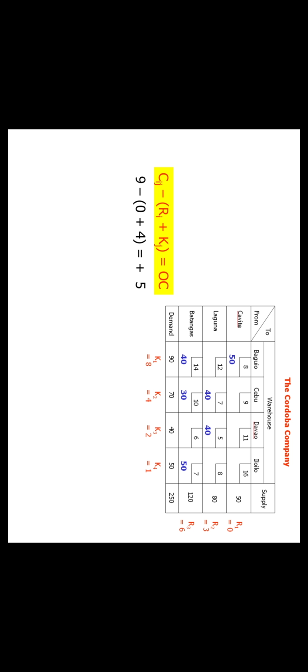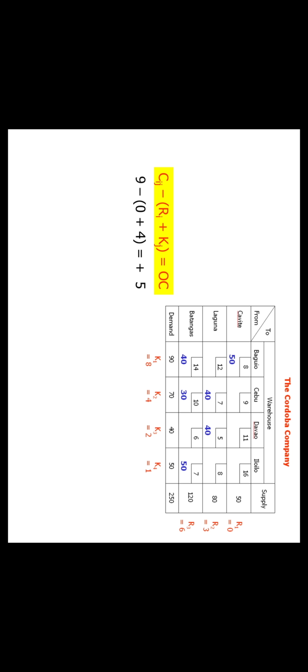That plus 5 opportunity cost is now what would be added to the cost if ever you intend to ship 1 unit of supply from Cavite going to Cebu, which is the same interpretation as what we had when we were discussing improvement indices in the stepping stone method.